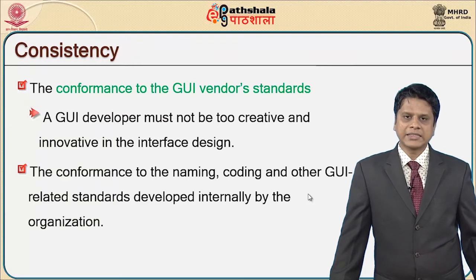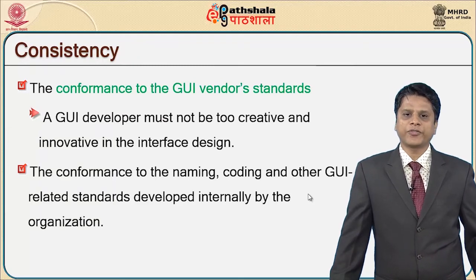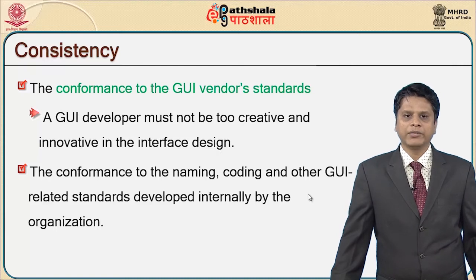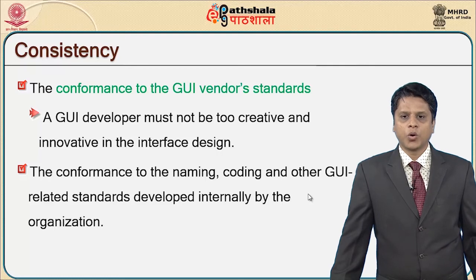And if you look at consistency to be maintained, there is conformance to graphical user interface vendor standards. A graphical user interface developer must not be too creative and innovative in the interface design. There is also conformance to the naming, coding and other GUI related standards developed internally by the organization.